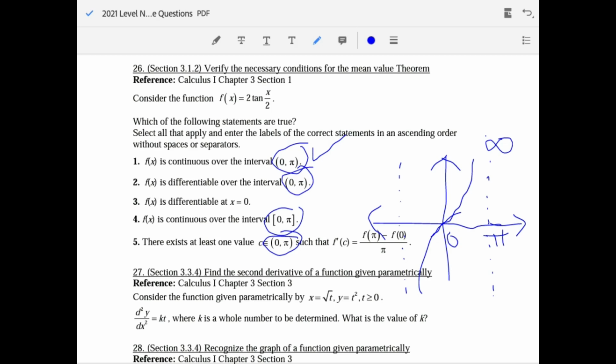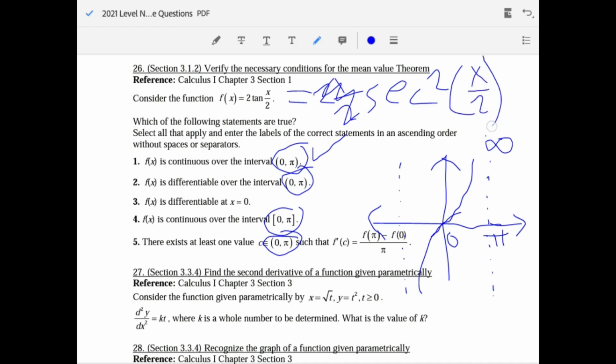Is it differentiable over the interval? To do that, you'd have to calculate the derivative. It'll be secant squared of x over 2, since half times 2 cancels.